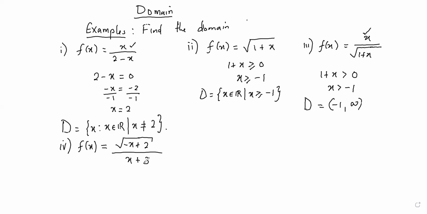So here the first thing is that x plus 3 is equated to 0. So we know that it's -3. So x is not allowed to be -3.